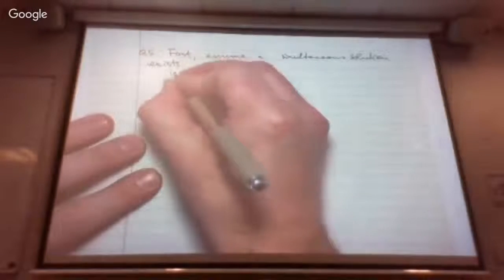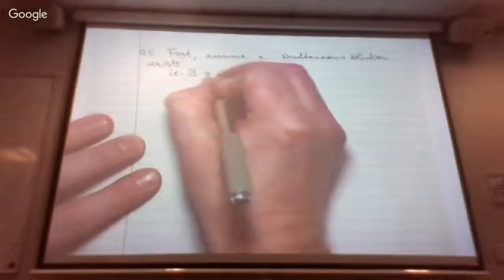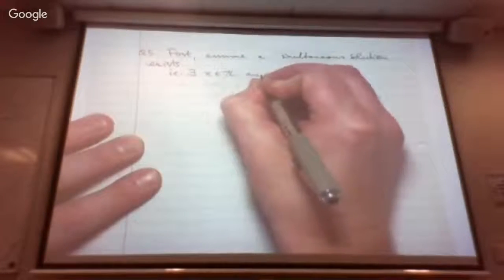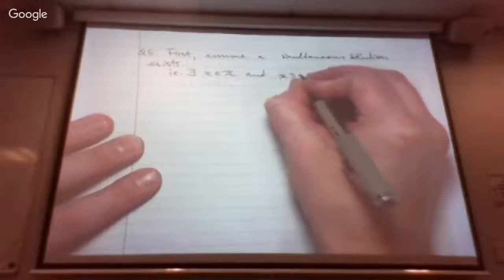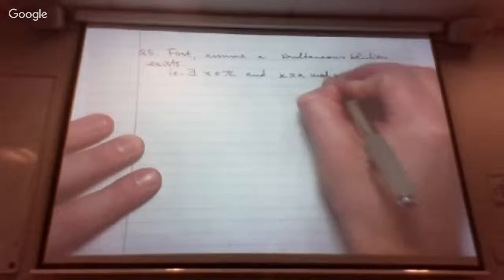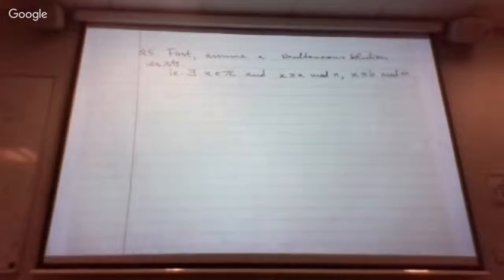So, i.e., there exists some integer x, and x is congruent to a modulo n, and x is congruent to b modulo m. These are not questions anymore, these are statements. There is such an x, and it satisfies both of those. It's a simultaneous solution.